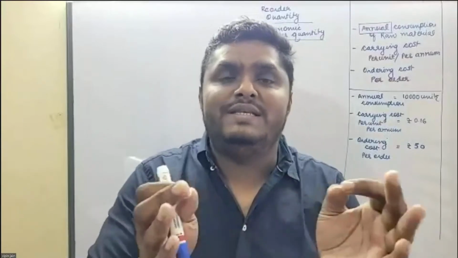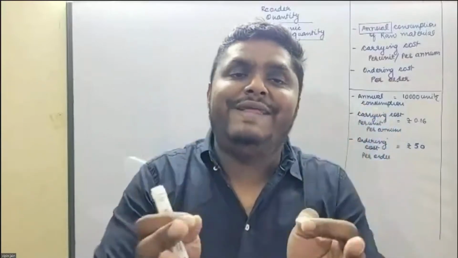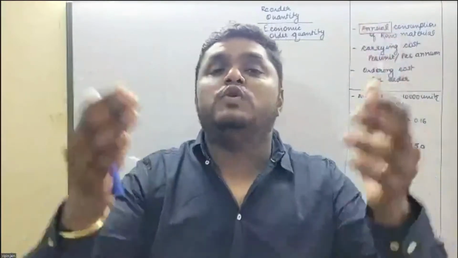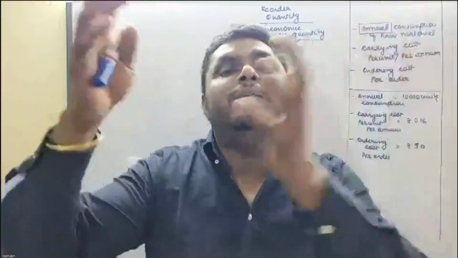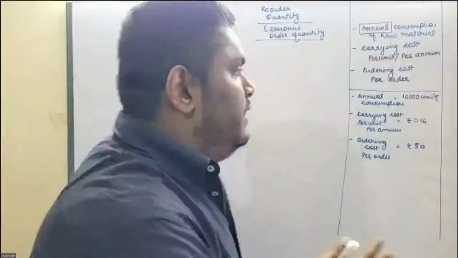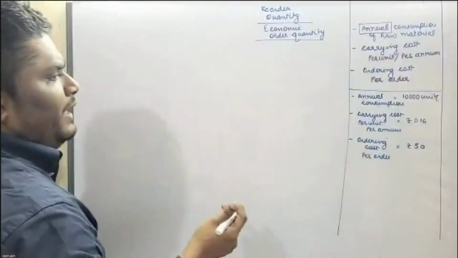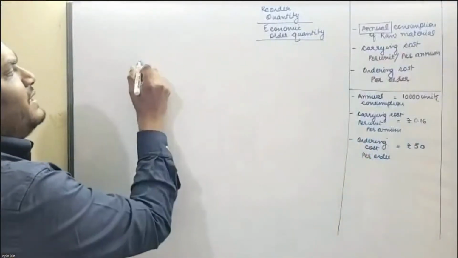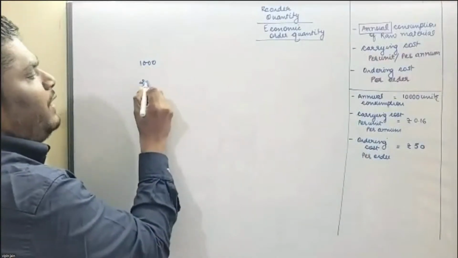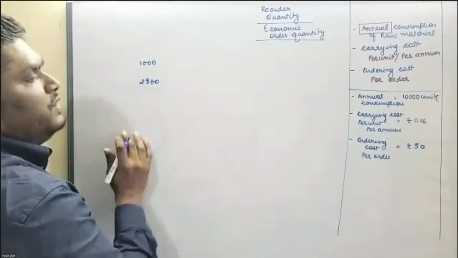So let's use, guys, the hit and trial approach. Hit and trial approach करते हैं and illustrative basis पे कुछ quantities लेते हैं कि भाई ये quantity पे कितना cost आता है. So let's use the trial and error approach. What if I order 1,000 units in one go? What if I order 2,500 units in one go?